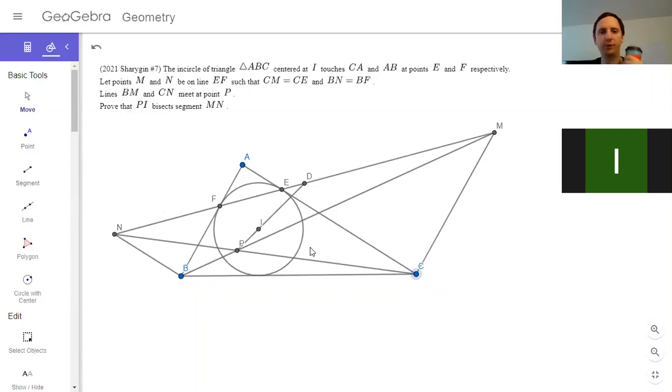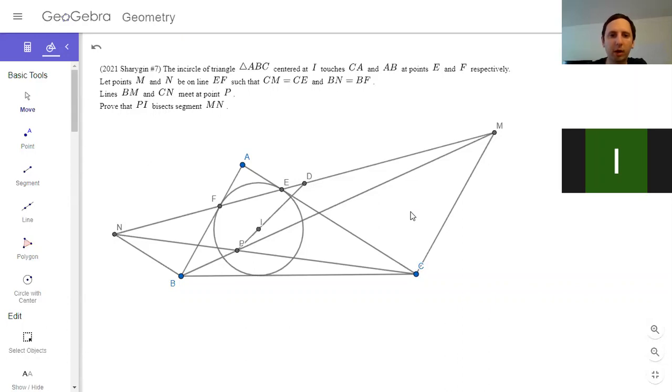See, maybe we could use projective geometry here. I don't know. So if we project, like we project MDN infinity through P onto BC, I'm thinking. Not sure about that. Just angle chasing.